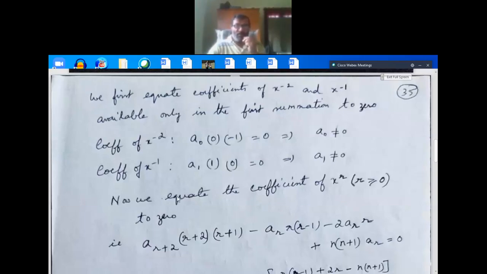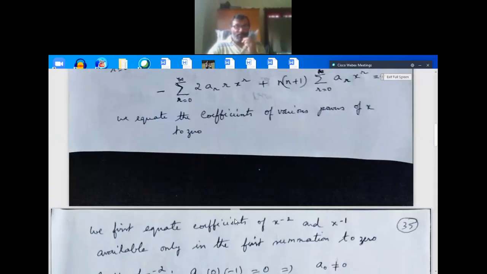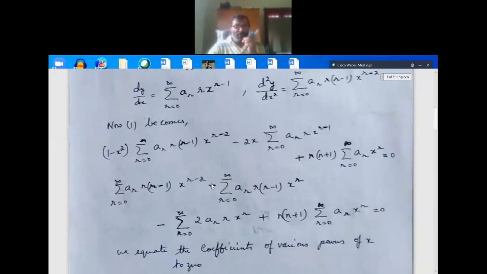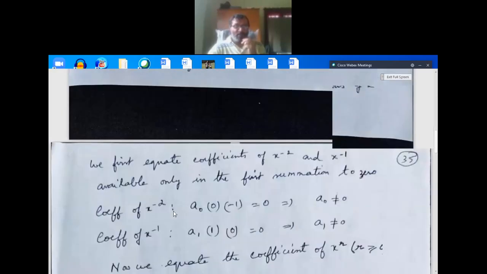When we equate the coefficient of x power r to 0, this will be x power r when r is taken as r plus 2, because r plus 2 minus 2 cancels. So a r plus 2, into r plus 2, into r plus 2 minus 1, that is r plus 1.